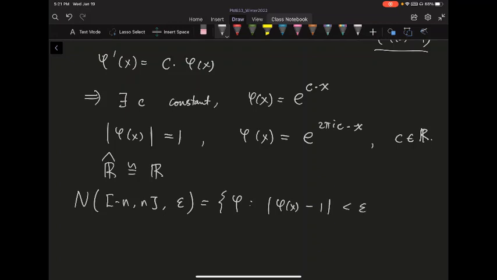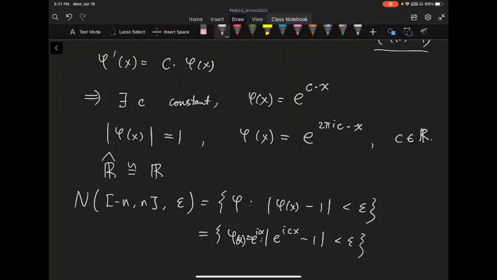is going to be less than epsilon. If I just write out, this phi is given by some c, so phi of x equals e to the i c x, for some c, and that has to be less than epsilon. Well, think about what kind of c.